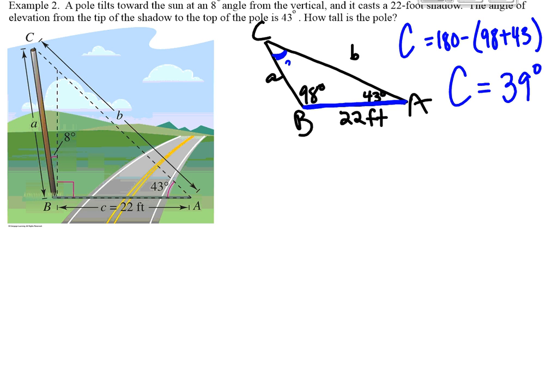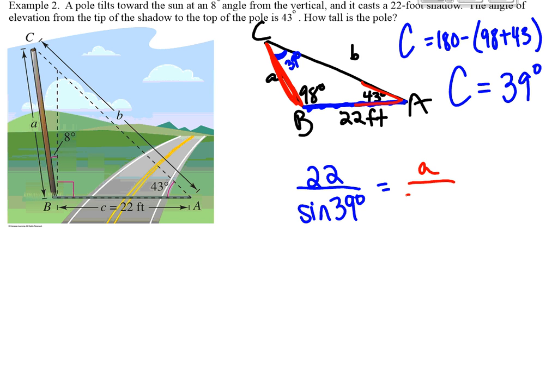Now, that's the angle and side pair that I have to have. And again, it doesn't matter whether I put the side over the sine of the opposite angle or I go the other way. So I'll start 22 over sine 39 degrees equals, and my goal was to find the height of my pole. So that's this side A, and the angle opposite that is the 43-degree angle.